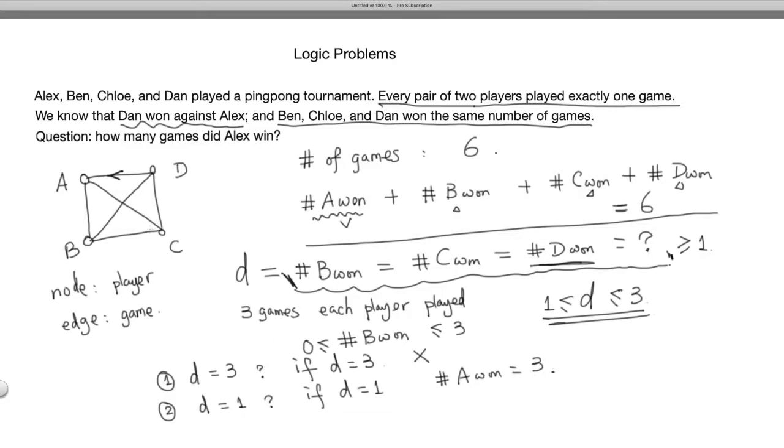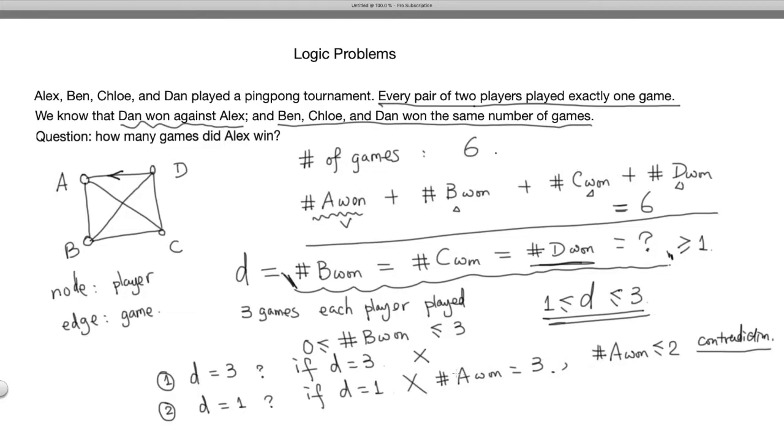Which means that Alex wins against everyone. But because Alex lost to Dan, the number of games A1 cannot be more than 2. So this is a contradiction.